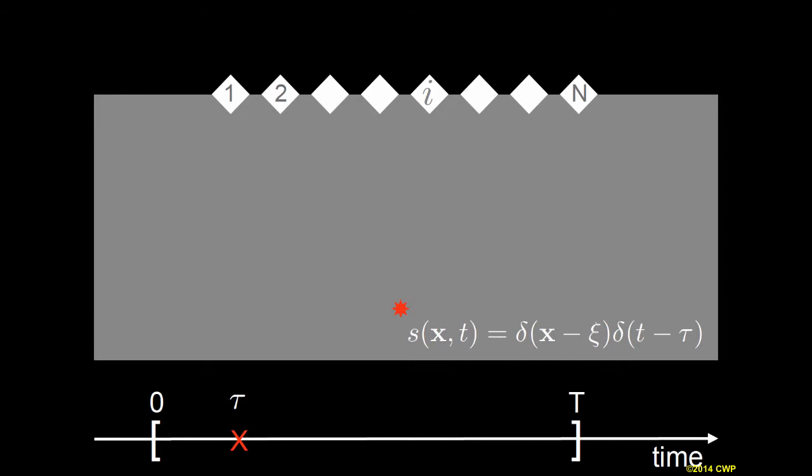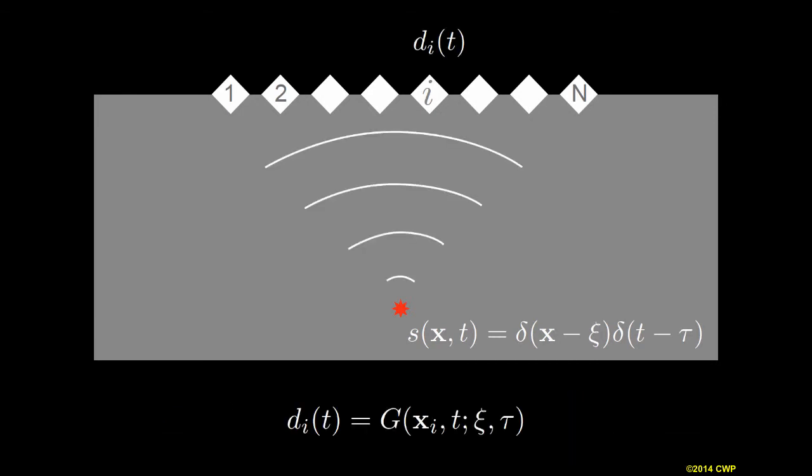So we can represent the source function as the product of two delta functions. This source generates energy, and the receivers will record this energy as data. So d sub i represents the data recorded by the receiver at station number i.